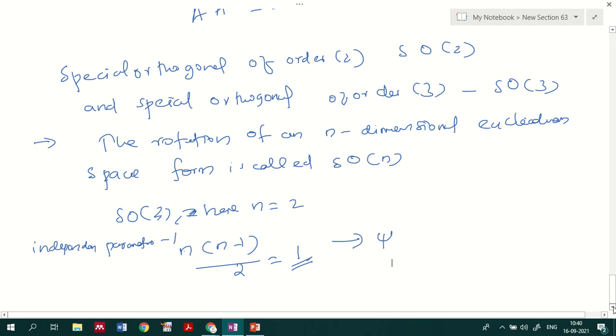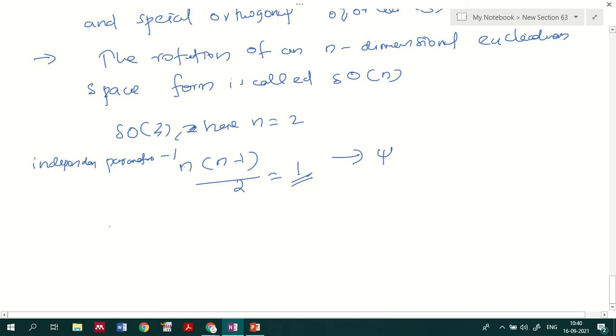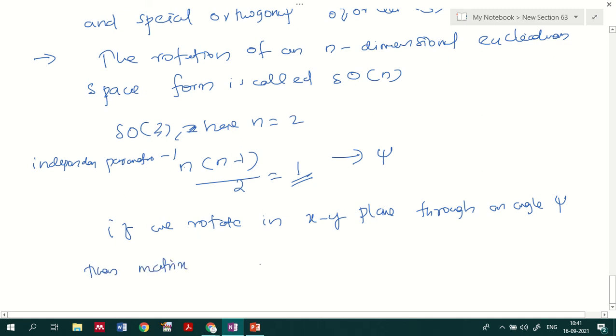So if we rotate in the xy plane through an angle psi, then we can represent the matrix as x dash, y dash after rotation, equal to R of psi. So it is a rotation by an angle psi.